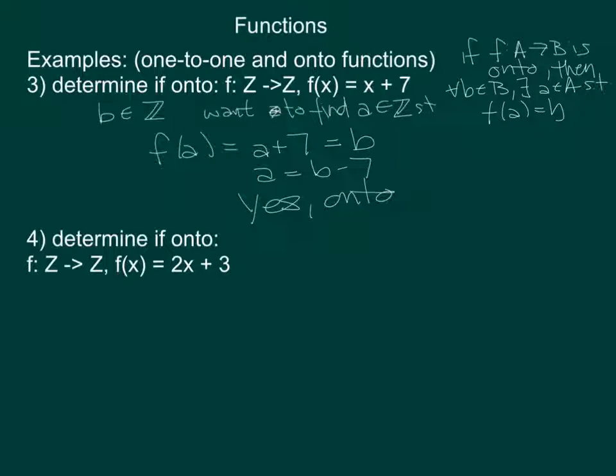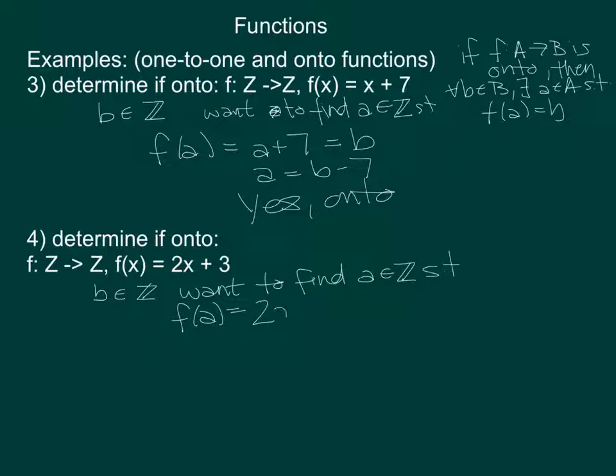So I'm just going to plug it into my function: 2a plus 3 is equal to b. So you give me a b, I'm trying to find you an a. So we have 2a is equal to b minus 3, so a is equal to 1/2 of b minus 3.